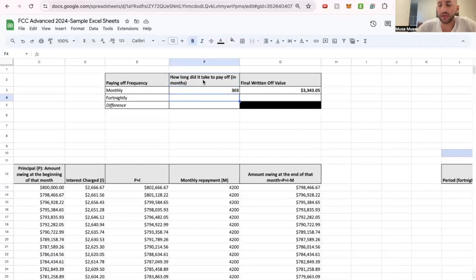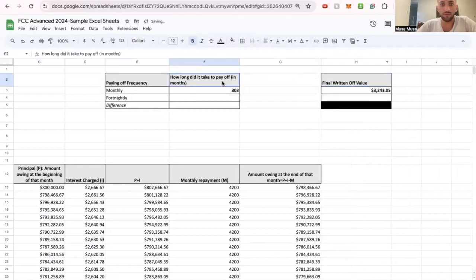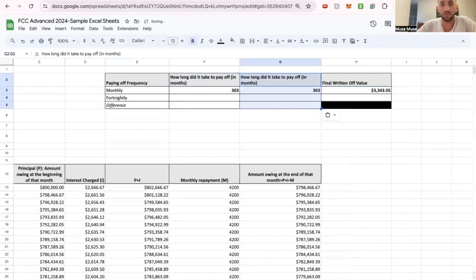Okay, well, if you're going to compare it, you shouldn't compare one in months and one in fortnights. So if we know fortnightly it took 574, we should probably find out how much that is equivalent in months.